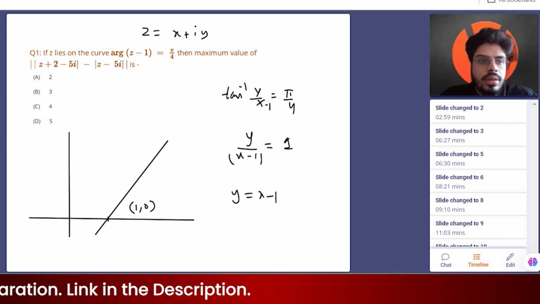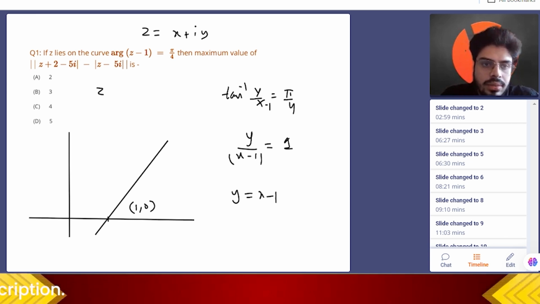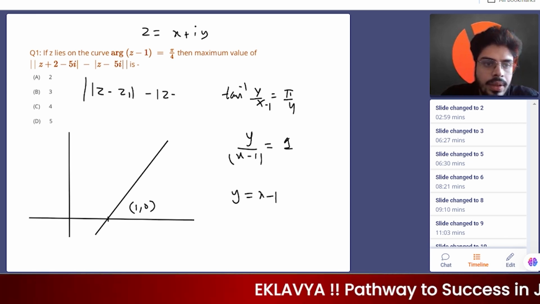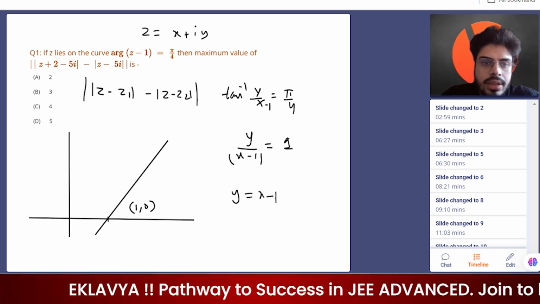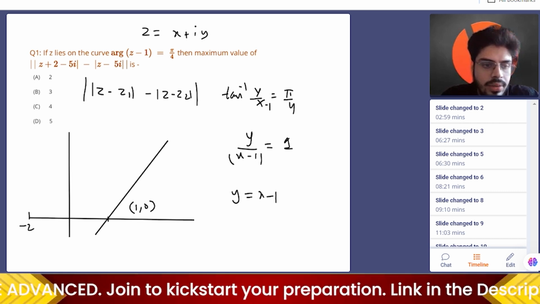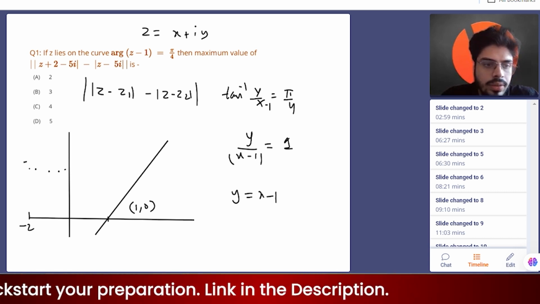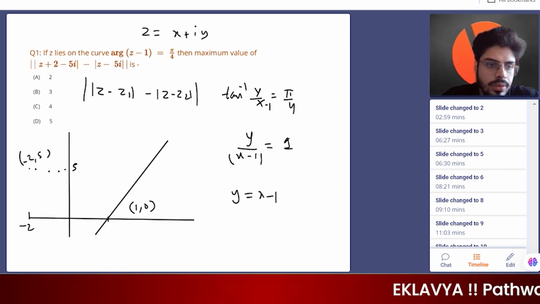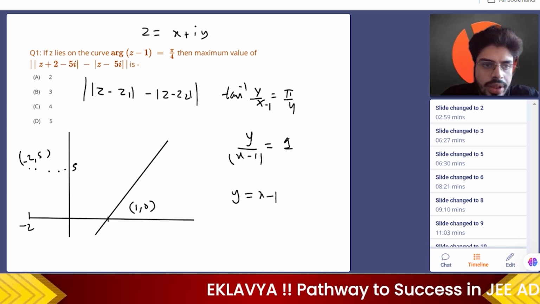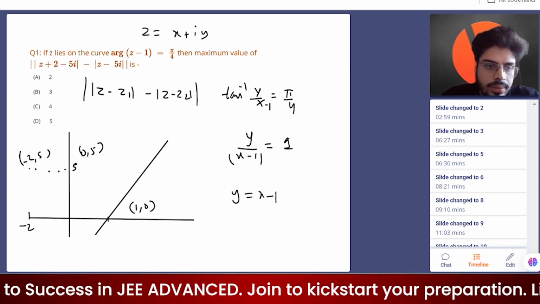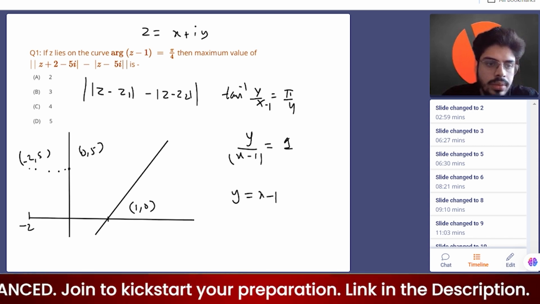These 2 points, you can write it like this: modulus z minus z1 minus modulus z minus z2. This z1 is minus 2, 5, this point, and this z2 is 0, 5, this point.